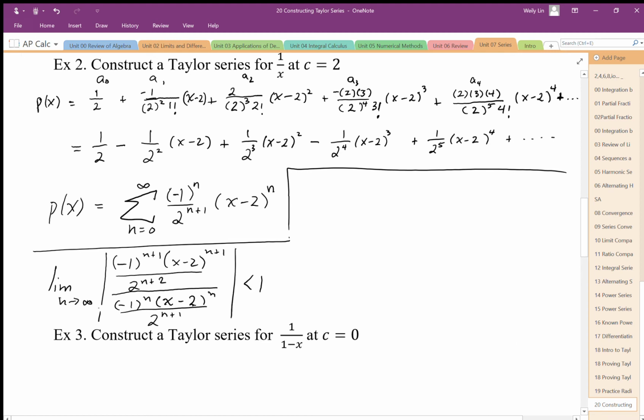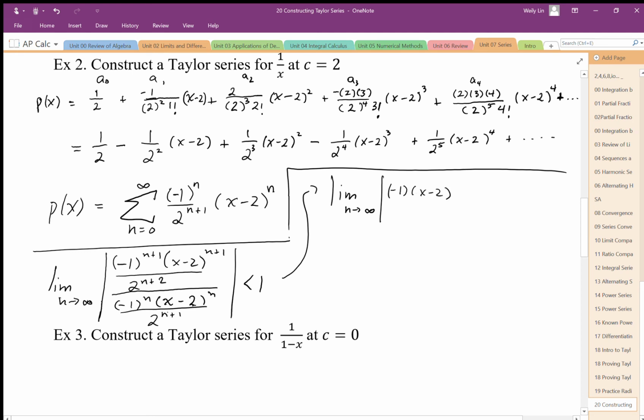Starting to run out a little bit of room here, so I need to kind of squeeze it in. I might just go off the page here. So grouping my terms together, limit as n goes to infinity. Okay, so that's going to be the negative 1 parts. I'm just going to end up with a negative 1. The x parts, I'm just going to end up with an x minus 2 in the numerator.